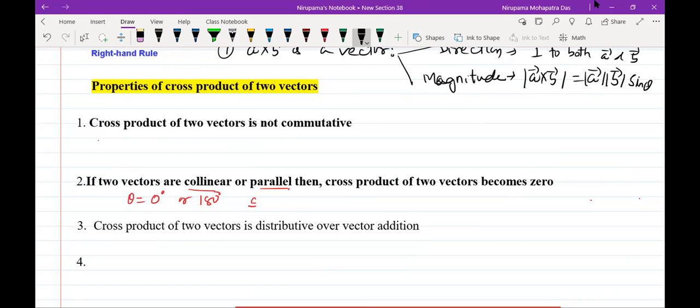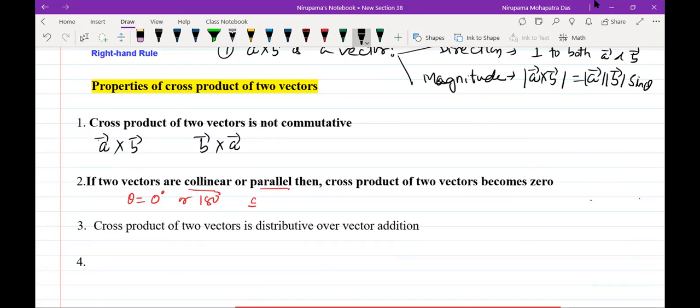It is not commutative. As I said, A cross B is a vector quantity. So whenever you change the order of the vectors, if you write A cross B and if you take B cross A, when you are interchanging the position, the direction is reversed.